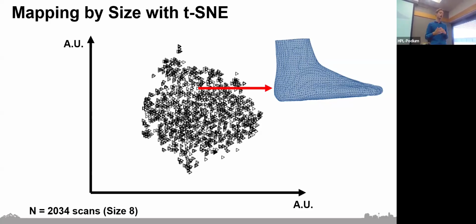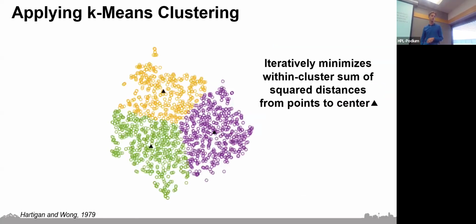However, knowing that this map shows similar scans as adjacent points on the map, and dissimilar scans as distant from each other, we can still work on pulling out some logical groupings from this map. So we apply something called a clustering algorithm. K-means is one of those algorithms. And what it does is it effectively chooses these black triangle centers and iteratively places those to minimize the within-cluster sum of squared distances from the points that are closest to that triangle to the triangle.